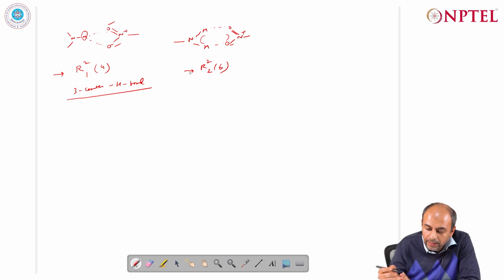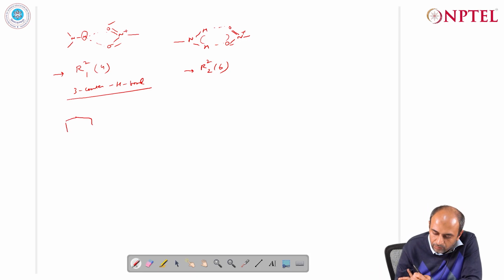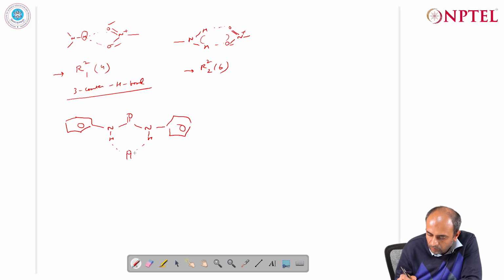Similarly we can look at diaryl ureas. So in this case we have 2 sets of hydrogen bonds, and we can first describe the cyclic one, that is the R, which has got 1 acceptor, 2 donors, 1, 2, 3, 4, 5, 6.